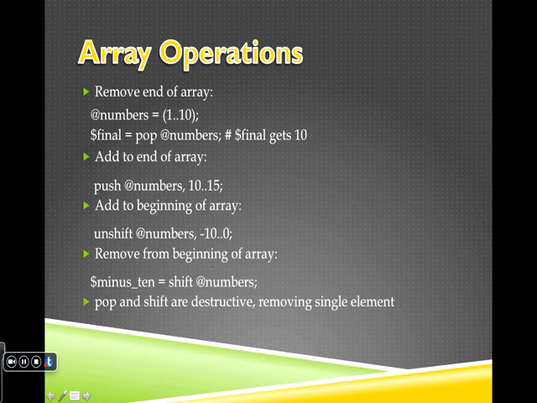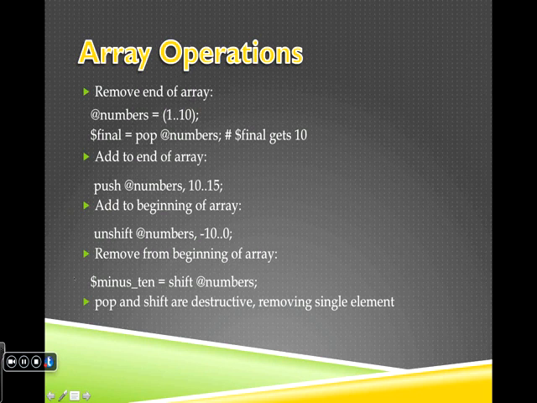Some types of operations that we can do on arrays are the following. So for example, let me generate a list of numbers 1 to 10. So here my array starts from index number 0 to index number 9, the first element equal to 1, the last element equal to 10. I can use a function named pop.